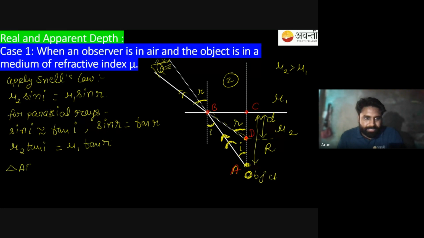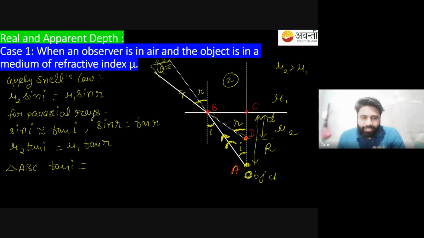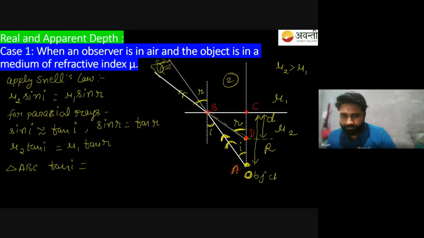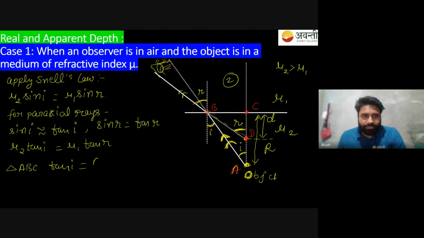Put the value of tan I in triangle ABC. Triangle ABC, what is the value of tan I? Tan I is the perpendicular over base. Perpendicular is BC, base is AC. ठीक है, in triangle ABC. BC की value क्या है? What is the value of BC?